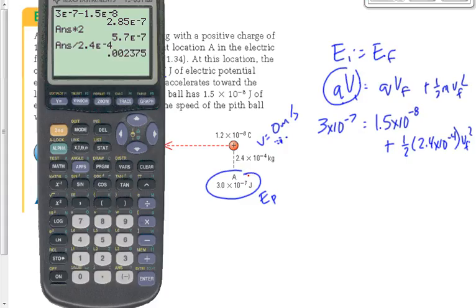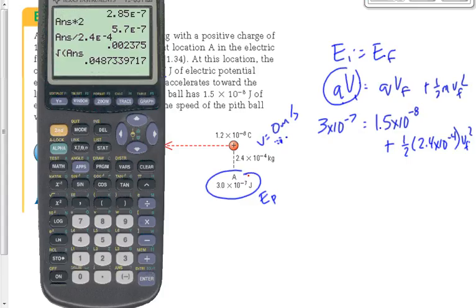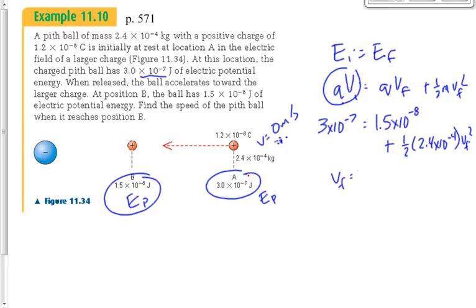And then what do we got to do with that now? We're almost there. Nathan, what do we got to do with that? Right. Let's square root that. We end up getting 0.0487, or we're going to say V_f is 4.9 times 10 to the minus 2 meters per second.